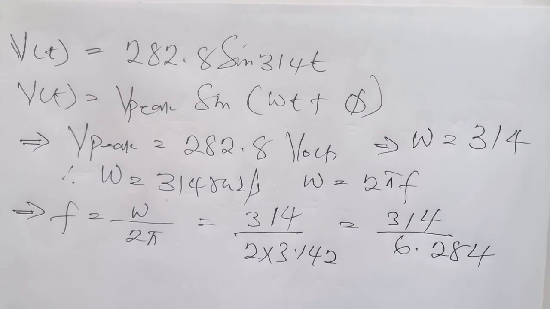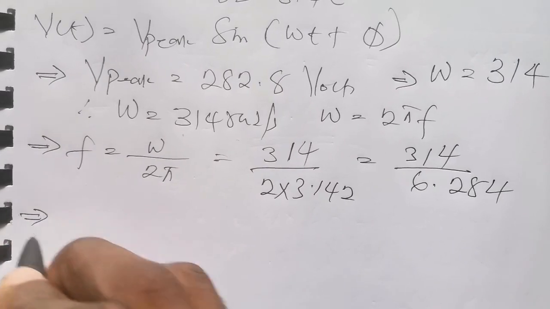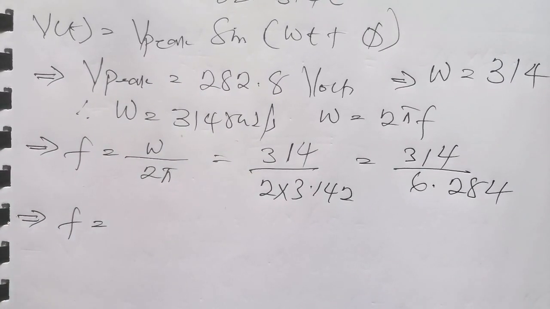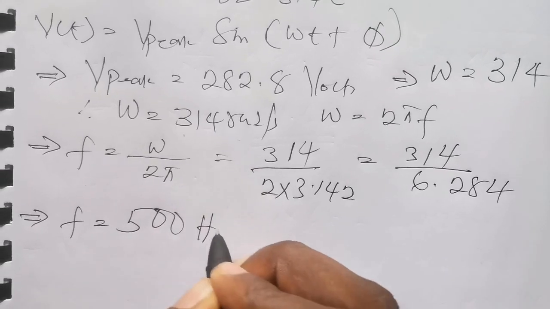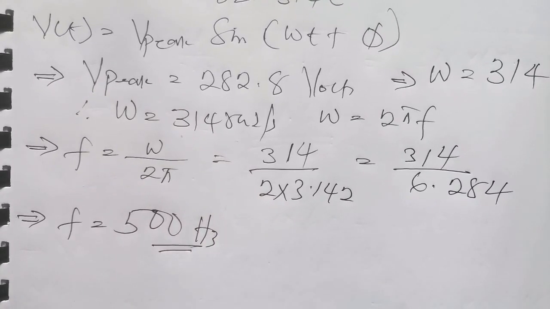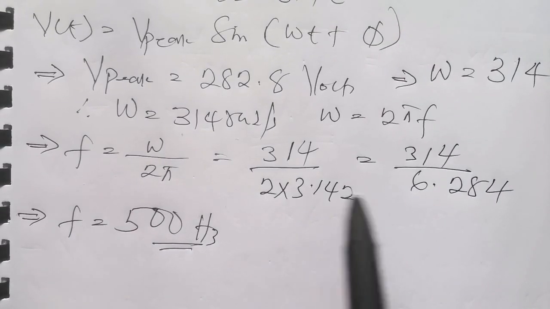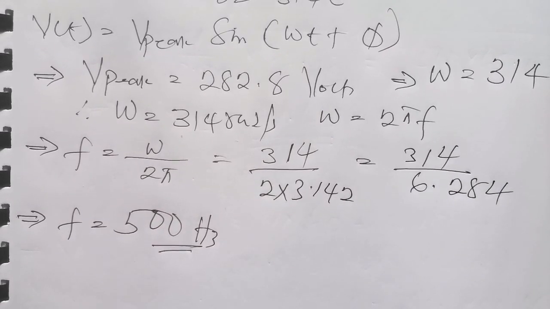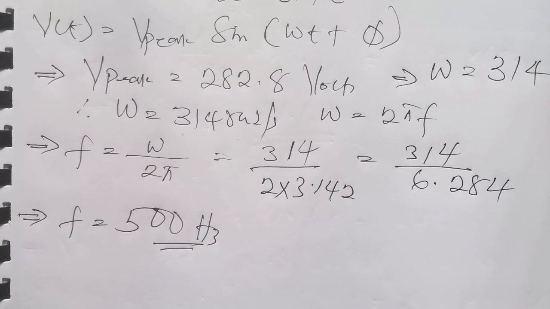Upon division, we obtain the frequency to be approximately 50 hertz. So you can have two values of the frequency, either in hertz or in radians per second as obtained earlier. That's the second part of the question, which asks us to calculate the frequency.